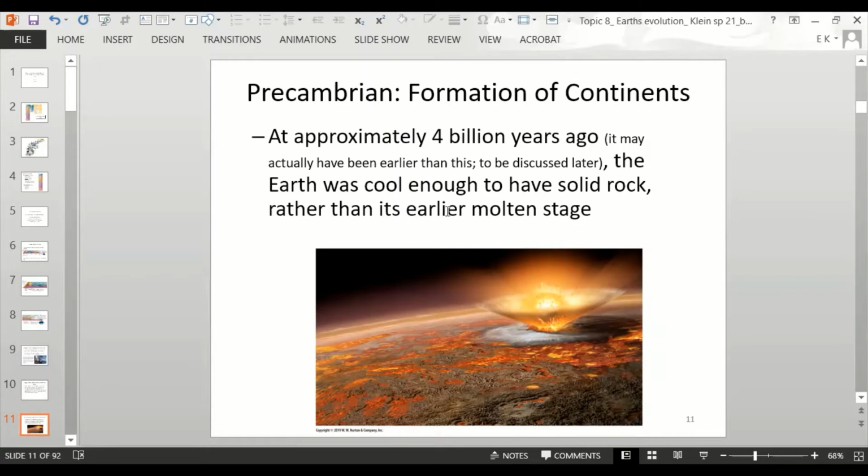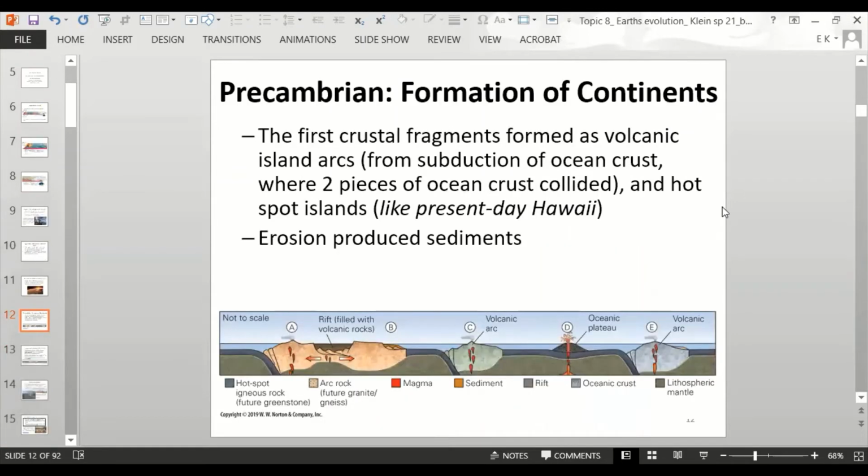But once we had solid rock, we're going to start having the formation of our early continents. So the first crustal fragments formed as volcanic island arcs related to ocean crust that started to subduct. So you had pieces of ocean crust or basalt pieces, and you started to have them subduct, and then that led to the formation of volcanic arcs.